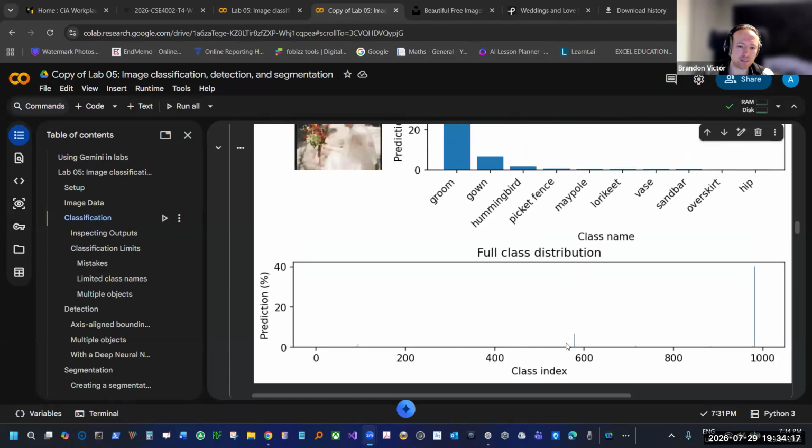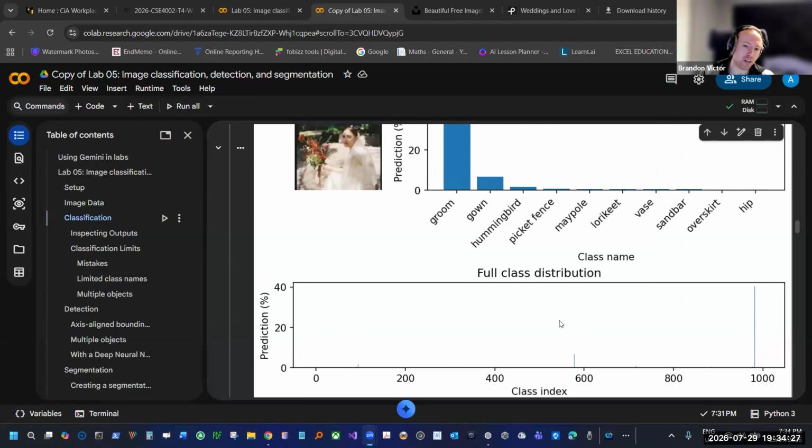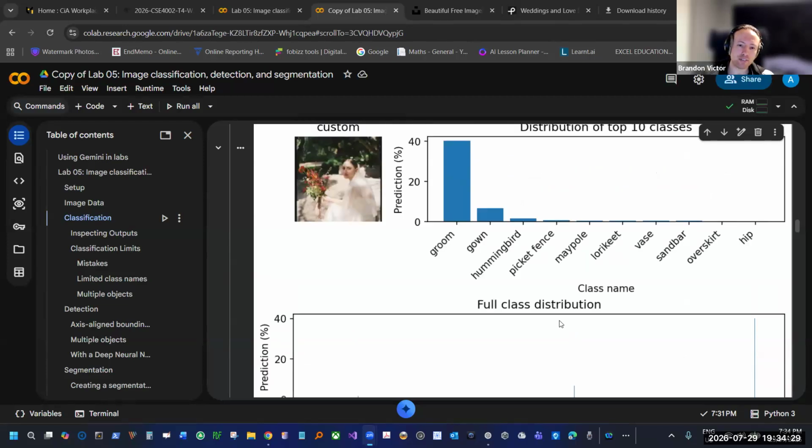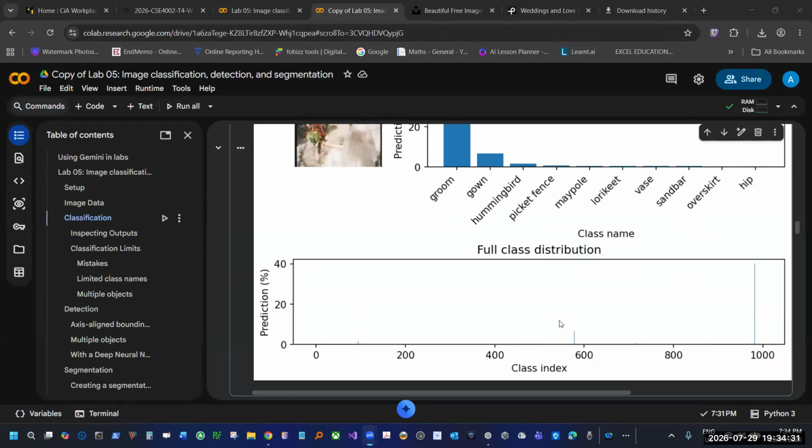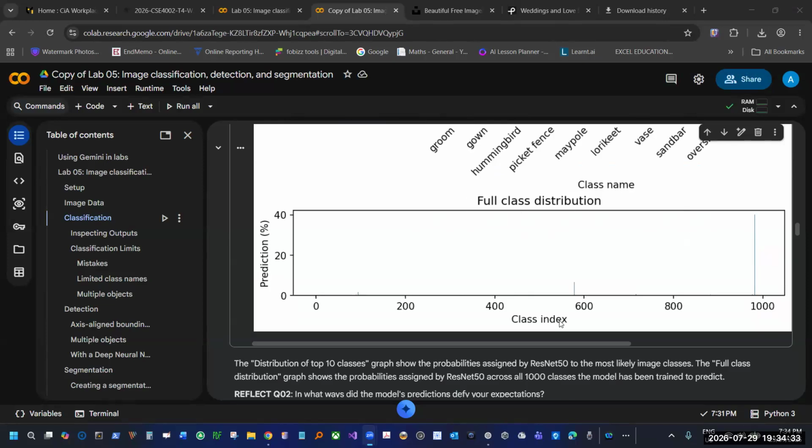Because there's 1,000 different classes, we identify them by the index as well: class number 5, class number 100, class number 700. So it's similar to a probability distribution. Understood, thank you.